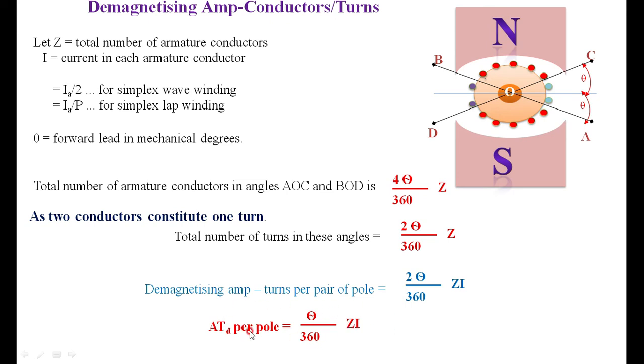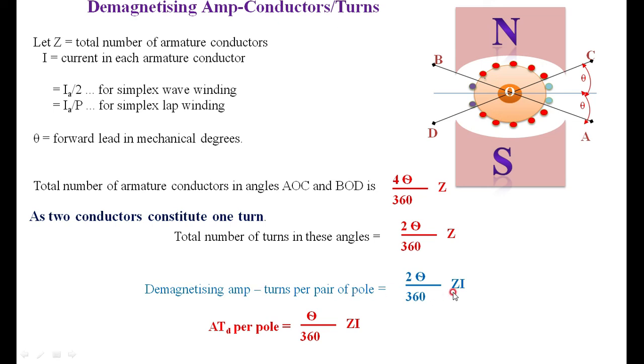This is one expression. That is the expression for ATD. It is very simple. Start with theta, current per conductor, and the total number of conductors between the two, that is BOD and AOC, which you have to calculate. Then convert conductors into turns by dividing by 2. Then if you multiply turns by the current, we get ampere turns.